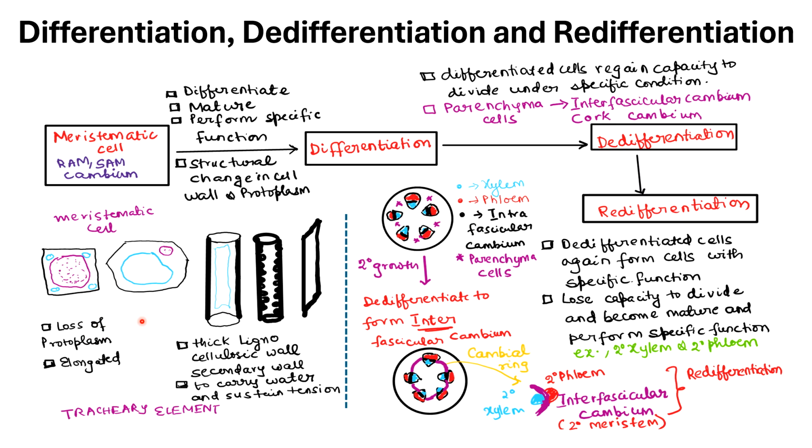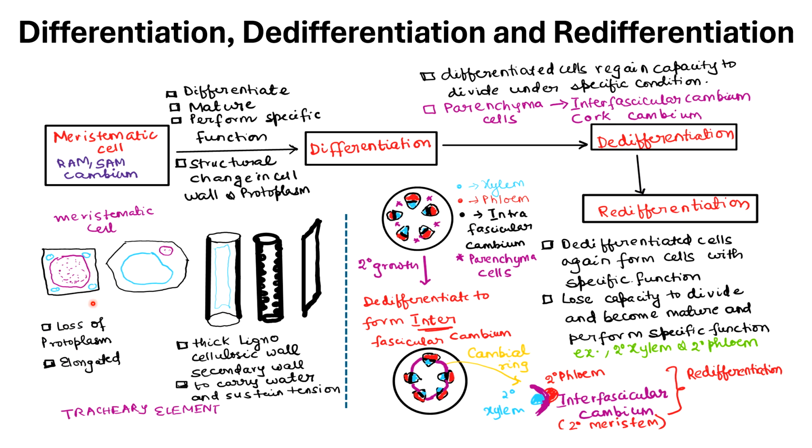One example we can take for this is the development of the tracheary element from the meristematic cell. Consider this is the meristematic cell. It has a conspicuous nucleus. We already discussed meristematic cells have a big prominent nucleus and small vacuoles.